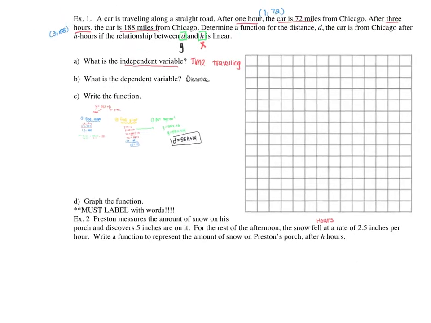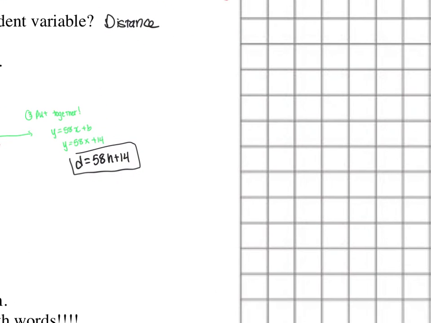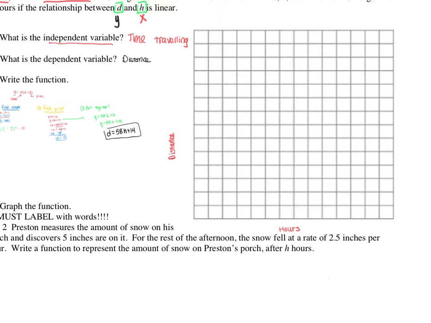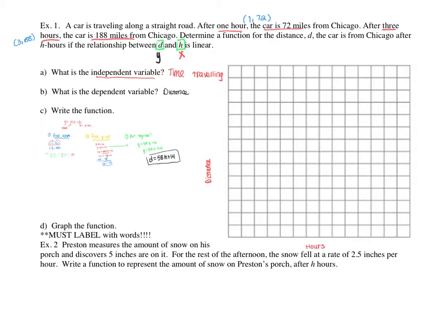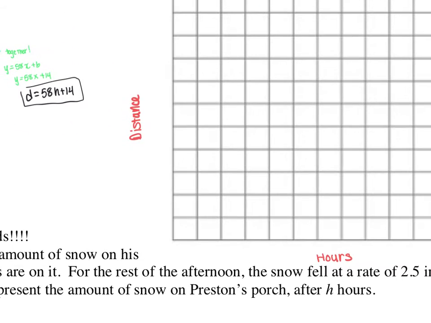So now we're going to put our distance here. And now we're going to scale our axes. I'm actually going to cheat a little and make my hours go over by 1.